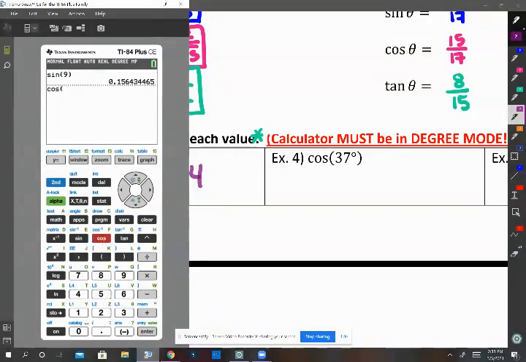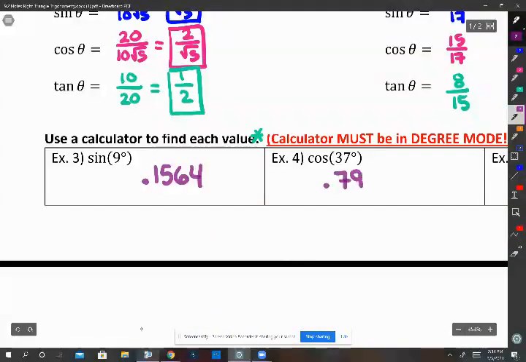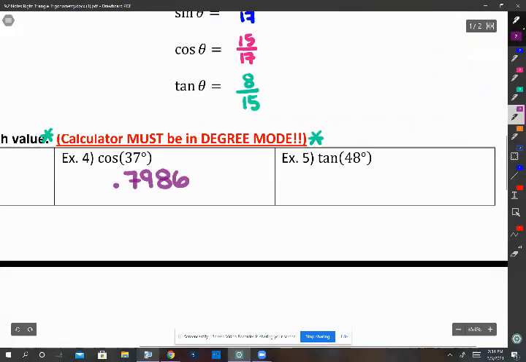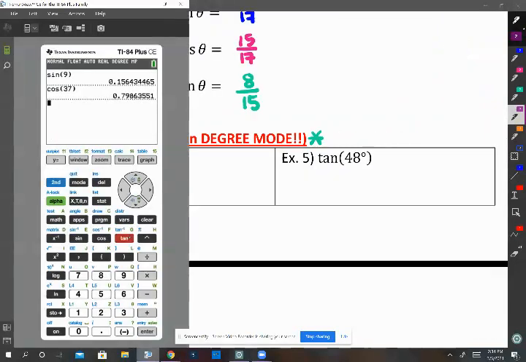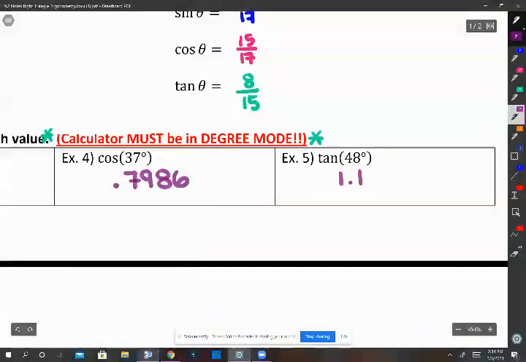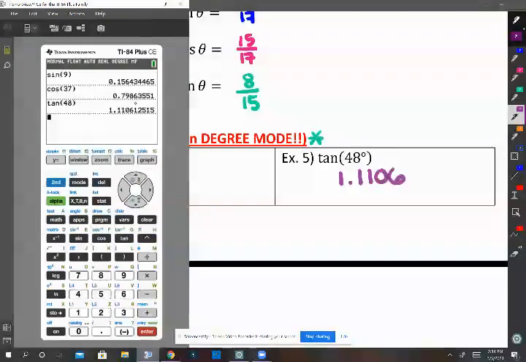I'm going to go cosine 37, close your parentheses, and we're going to get 0.7986. And then our last one is tangent of 48. So we're going to go tangent 48, close our parentheses, and we're going to get 1.1106. Okay, so we're just taking 4 place values after the decimal.